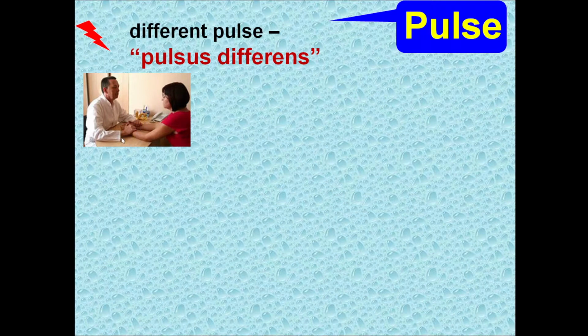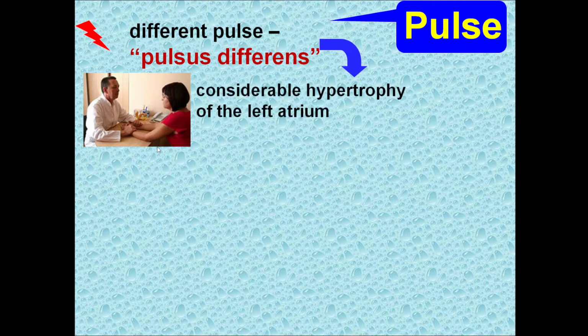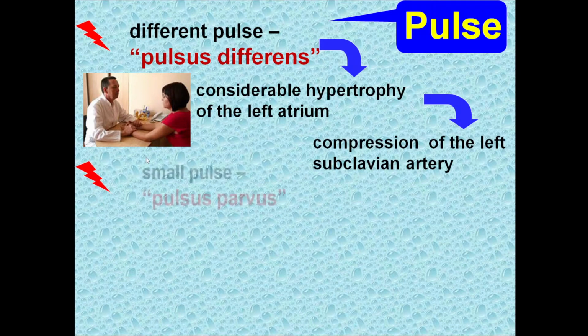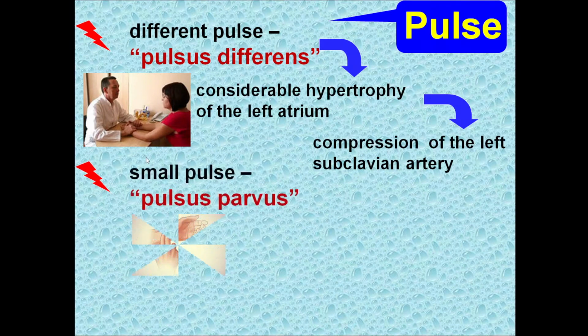On the left hand it will be felt weaker, because considerable hypertrophy of the left atrium compresses the left subclavian artery, and as a result blood flow through the left artery is slightly restricted. We see that pulse volume also decreases.